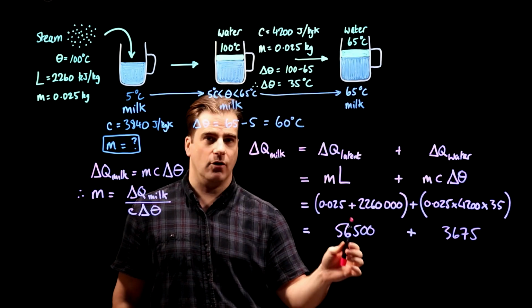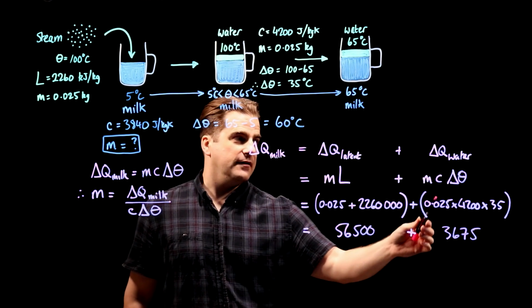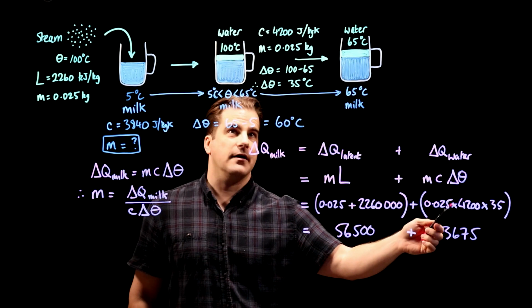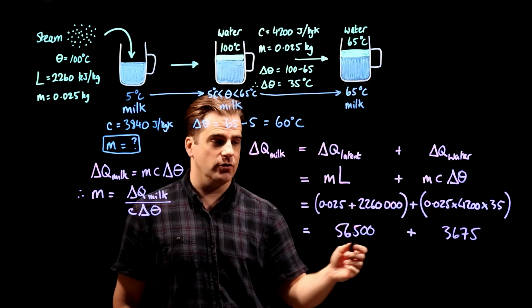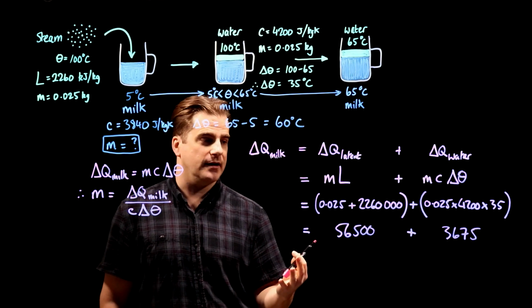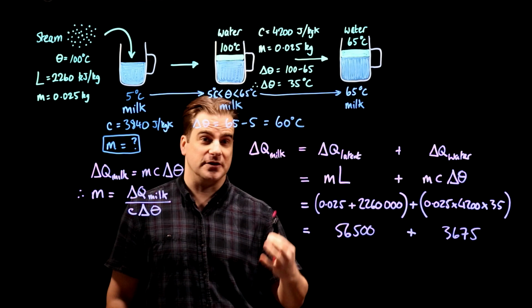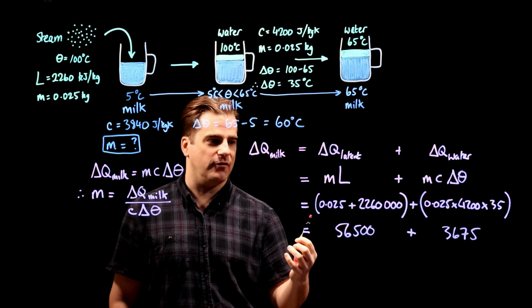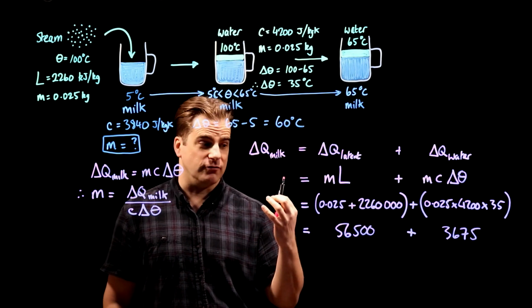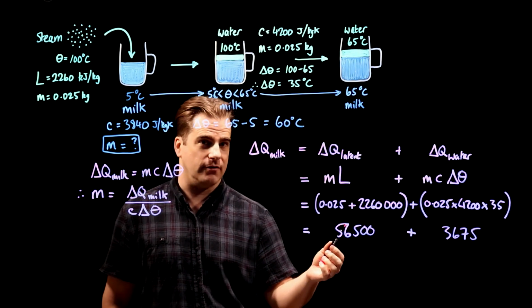The latent heat is a whole order of magnitude larger than the heat from just the water cooling, which gives you an idea of how much energy is stored in latent heat. A lot. Which is why, like I talked about before, when you get a steam burn, it's really nasty. There's loads of energy that's released into your hand in a steam burn.